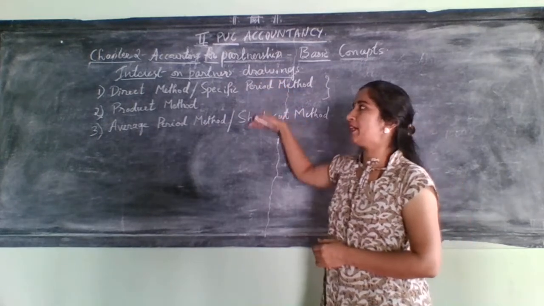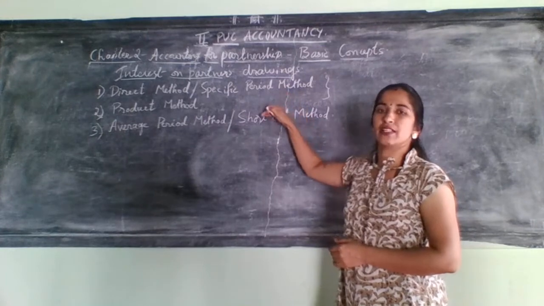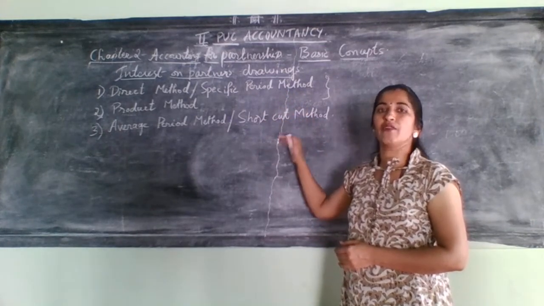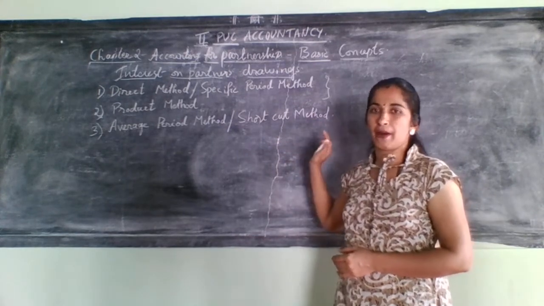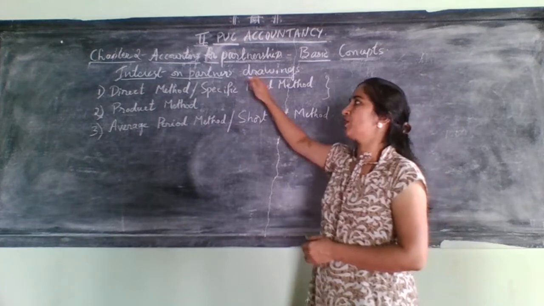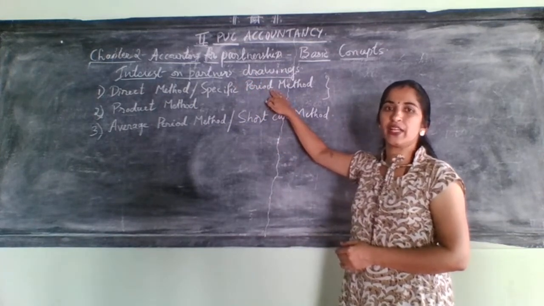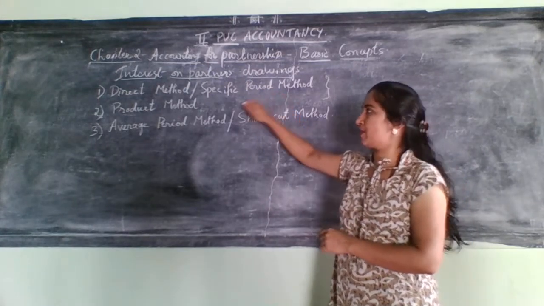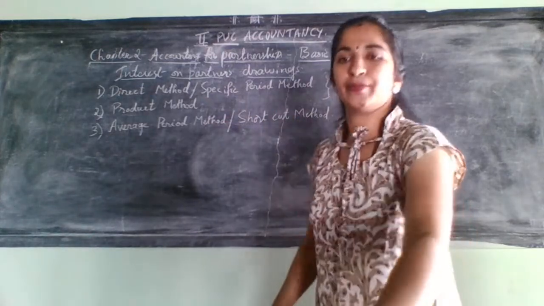To calculate interest on drawing, for each method there is a different formula. Depending upon the formula, we will calculate interest on drawing of each partner. Let us study now the first one, the direct method or specific period method. Just learn this, but for the sake of examination, they will ask you the product or average method.